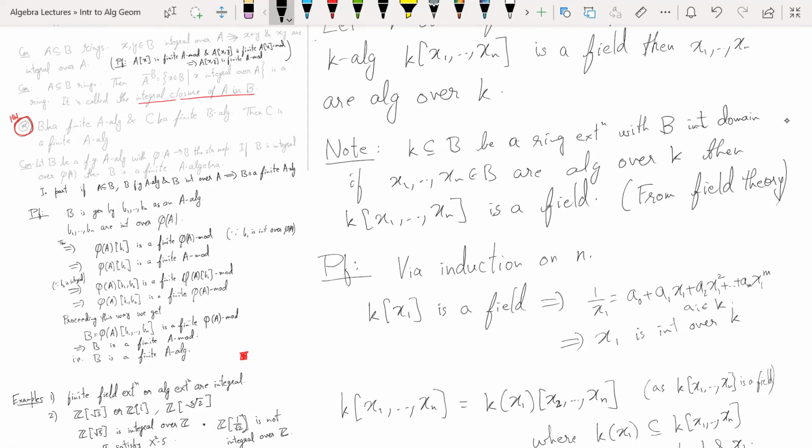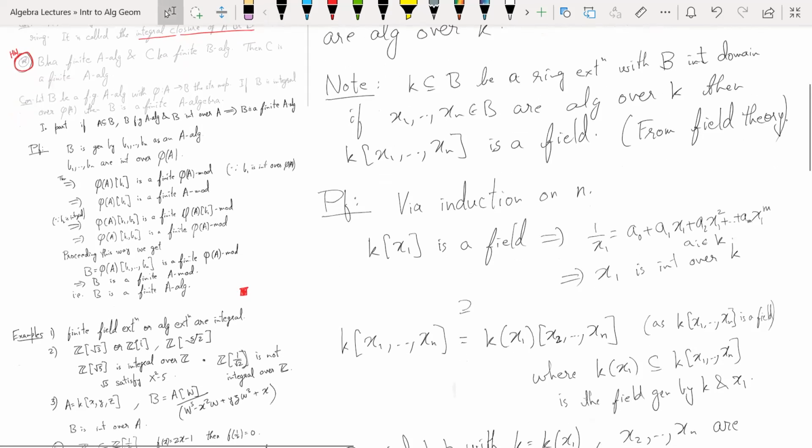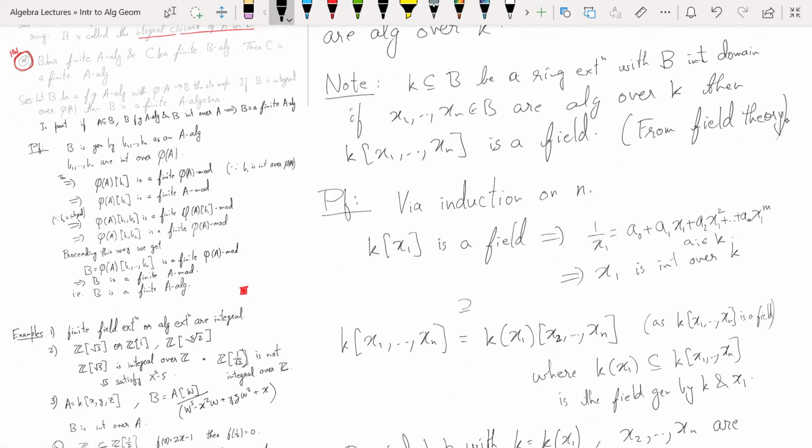This inclusion follows from the fact that the left-hand side is a field, and the right inclusion is always true. Here K(x1) I'm thinking of as the field generated by K and x1. It's more like a notation.